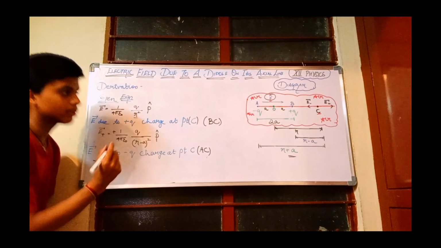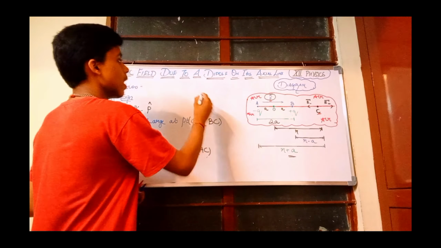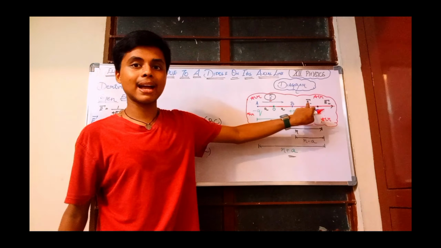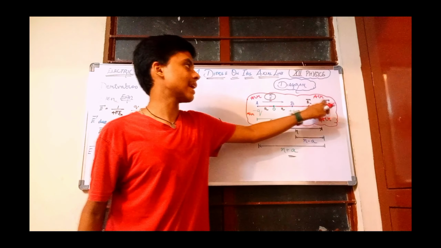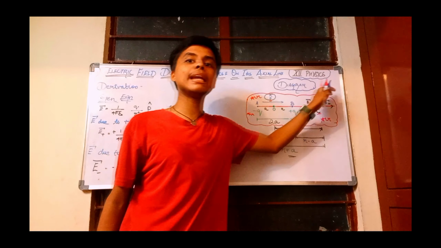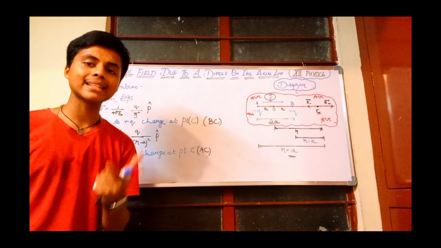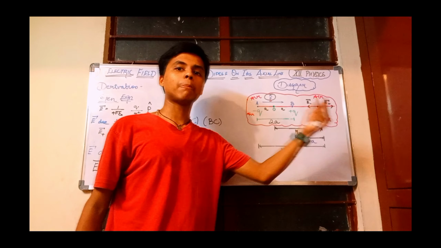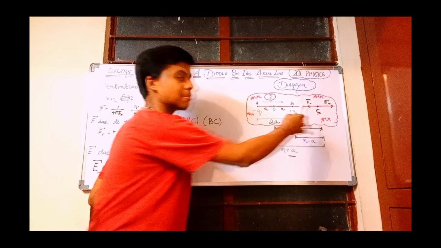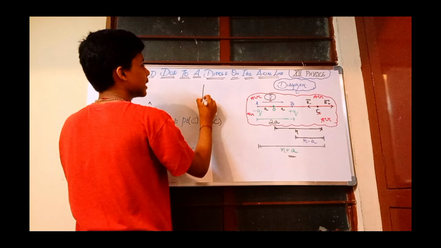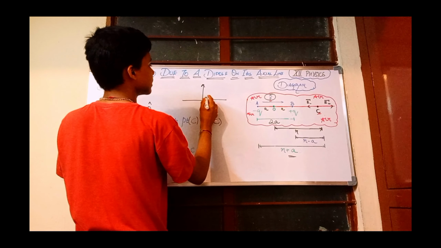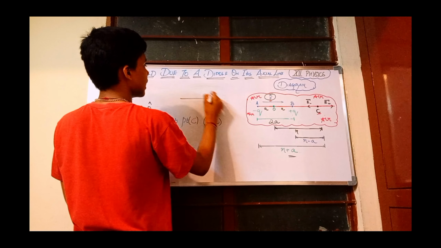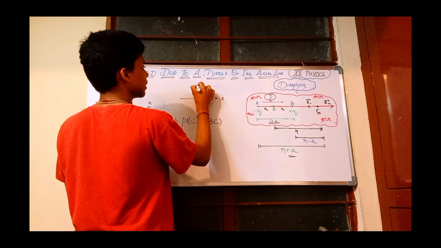Why I am going to introduce a negative symbol is, here the negative electric field is radially inward, and the electric field due to positive charge is radially outward, because electric field lines are attracted towards negative charge and repelled from positive charge. That is why E minus is coming inside. Whenever you take a graph, this is x-axis and this is y-axis.